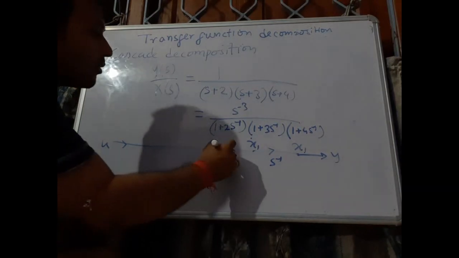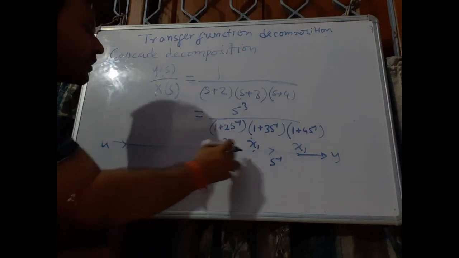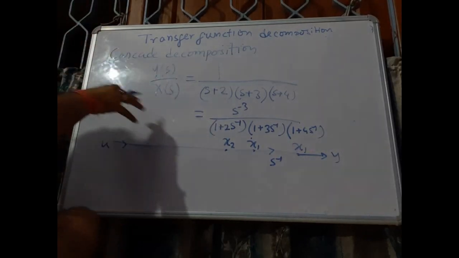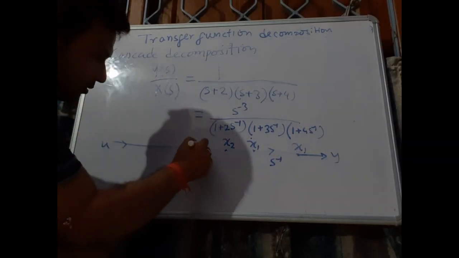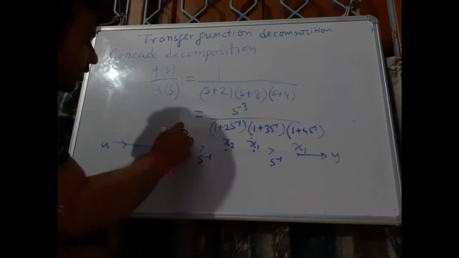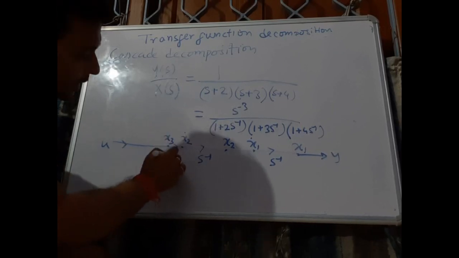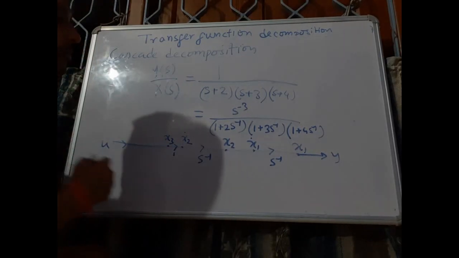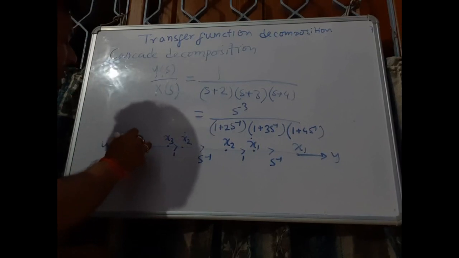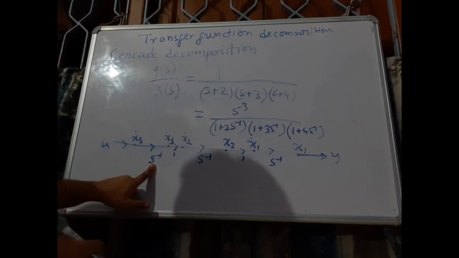This x1 dot is actually equal to x2. I am writing it in a different way to show the cascading nature of this decomposition. We have another integrator operator s inverse, we have this x2 dot, and x2 dot is actually x3, and we multiply again by 1. Here also we multiply again by 1, and this is x3 dot, and we have the integrator operator s inverse.